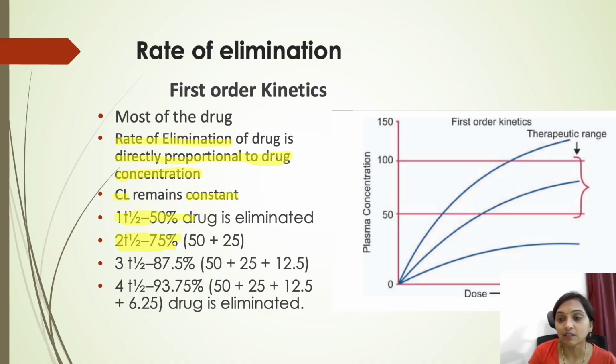So together it is 75%. After 3 t-halves, plus 12.5, half of this, so 87.5% of the drug is eliminated, and after the 4th t-half, 93.75% of the drug is eliminated. For a drug to get completely eliminated from the body, we say at least 5 t-halves are required. They keep on asking this, so that is why I have mentioned that it is important.